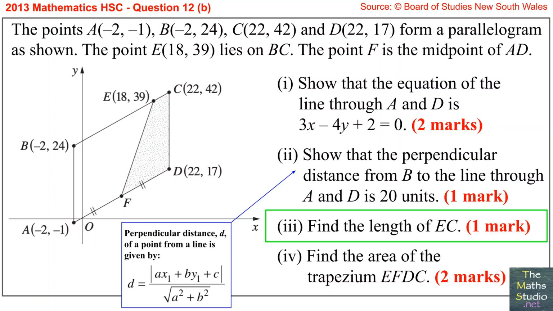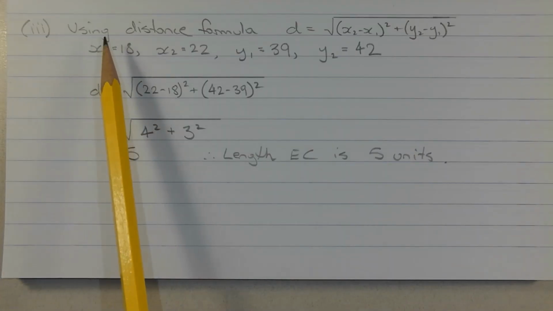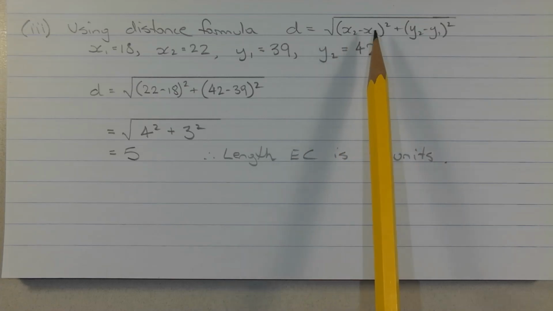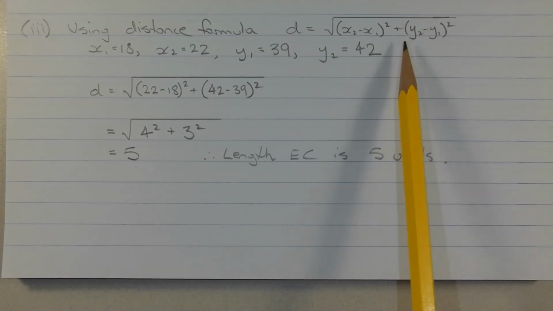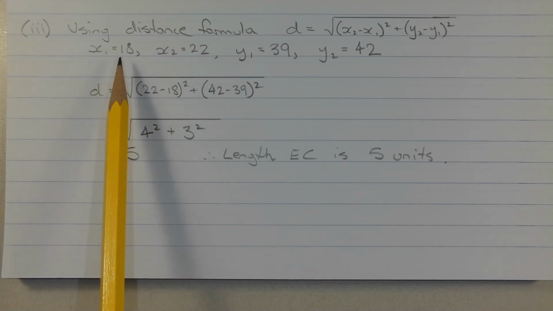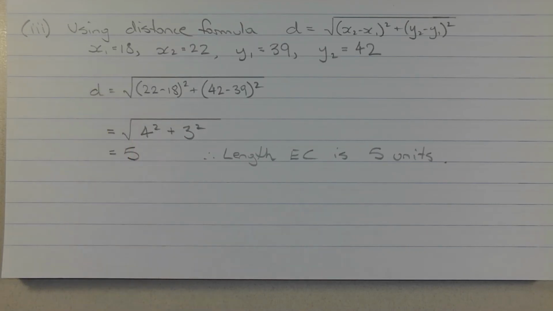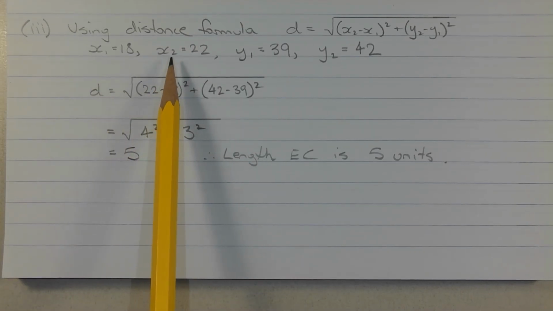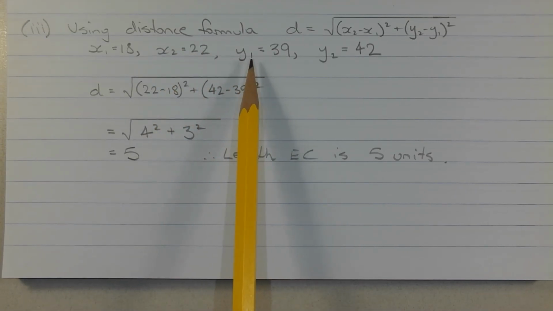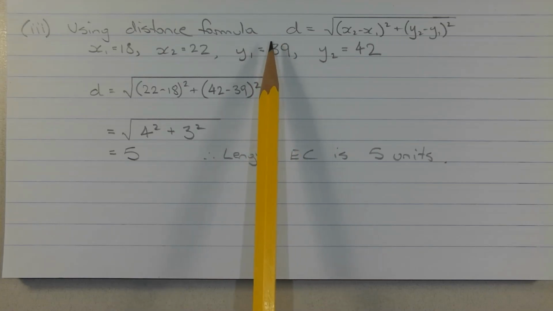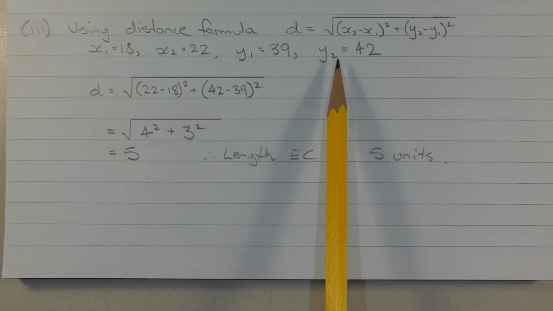Part 3. Find the length of EC. Using the distance formula, d equals the square root of (x2 minus x1) squared plus (y2 minus y1) squared, where x1 is equal to the x-coordinate of point E, which is 18, x2 is equal to the x-coordinate of point C, which is 22, y1 is equal to the y-coordinate of point E, which is 39, and y2 is equal to the y-coordinate of point C, which is 42.